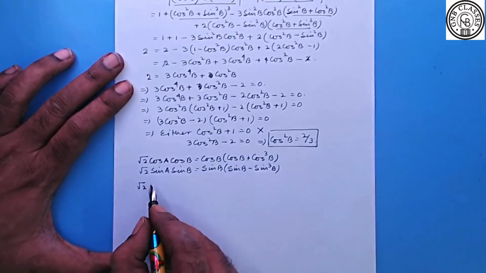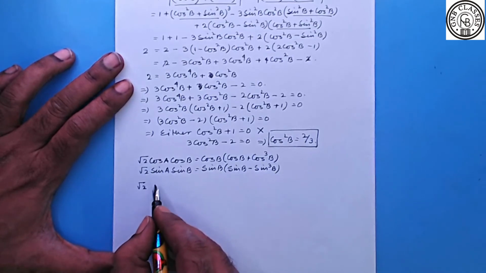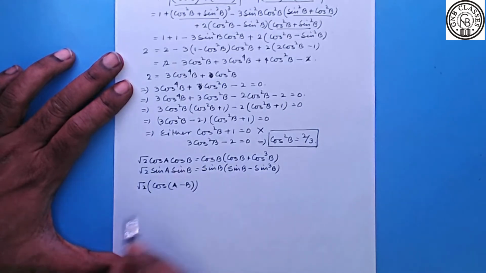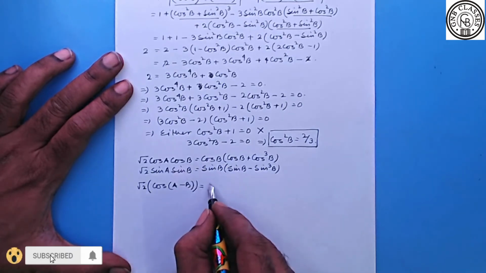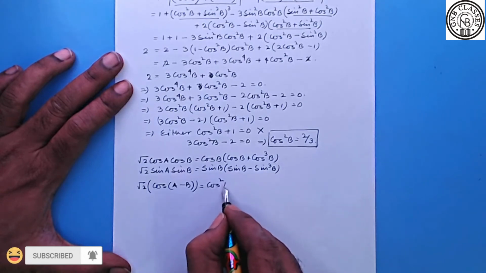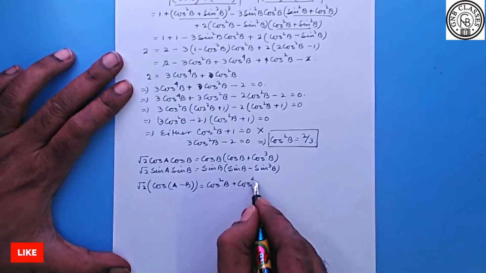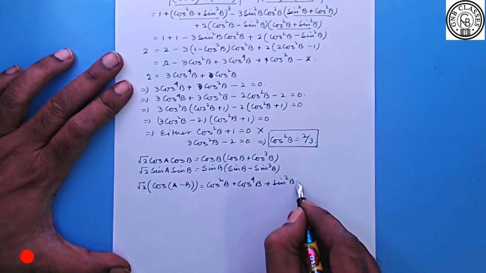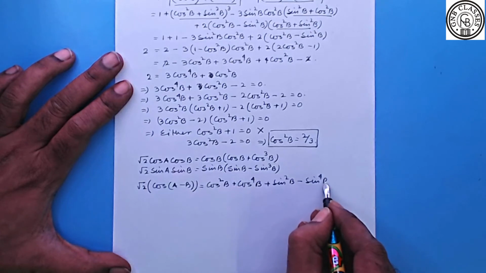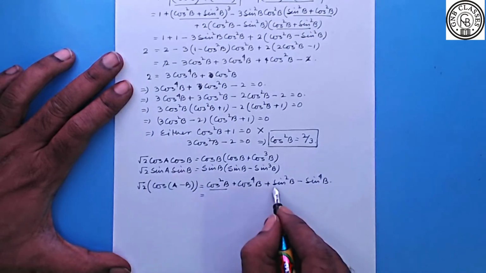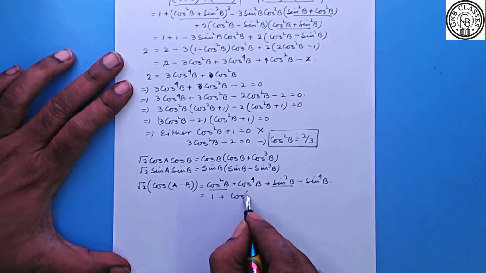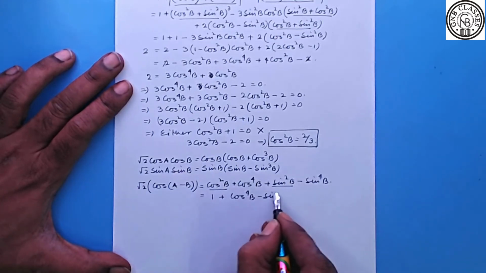if I take root 2 common from the left hand side, we are going to have what? Cos A cos B plus sin A sin B, which gives you cos (A minus B). And on the right hand side, it is cos square B plus cos to the power 4B plus sin square B minus sin to the power 4B. Cos square B plus sin square B will give you 1, plus cos to the power 4B minus sin to the power 4B.